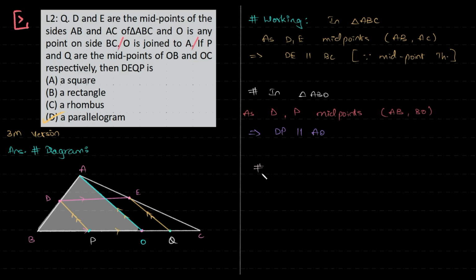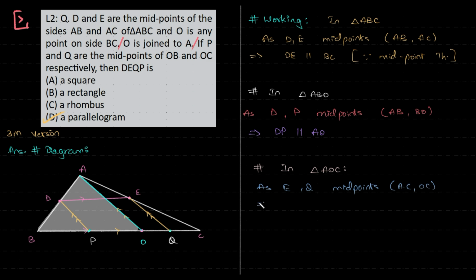Okay, so then we have in triangle AOC, here too we have a similar thing, as E and Q are midpoints of AC and OC. So this implies what?